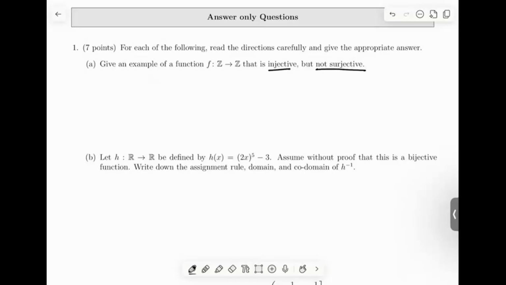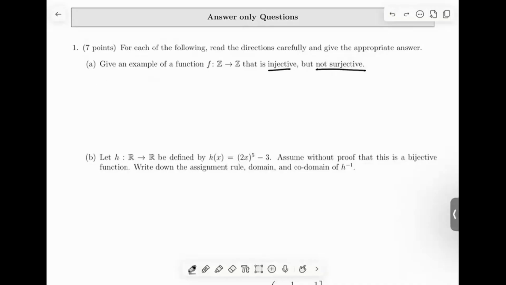Let's see. For injective, I could do a line, just not a flat line, not a line of slope 0, but any other slope should be fine. But I don't want it to be surjective, so maybe I want something that skips a point.